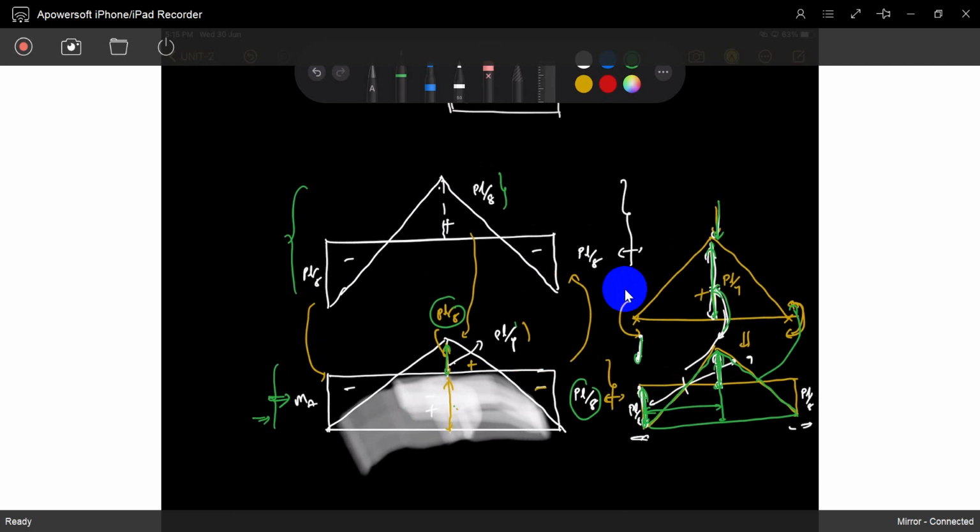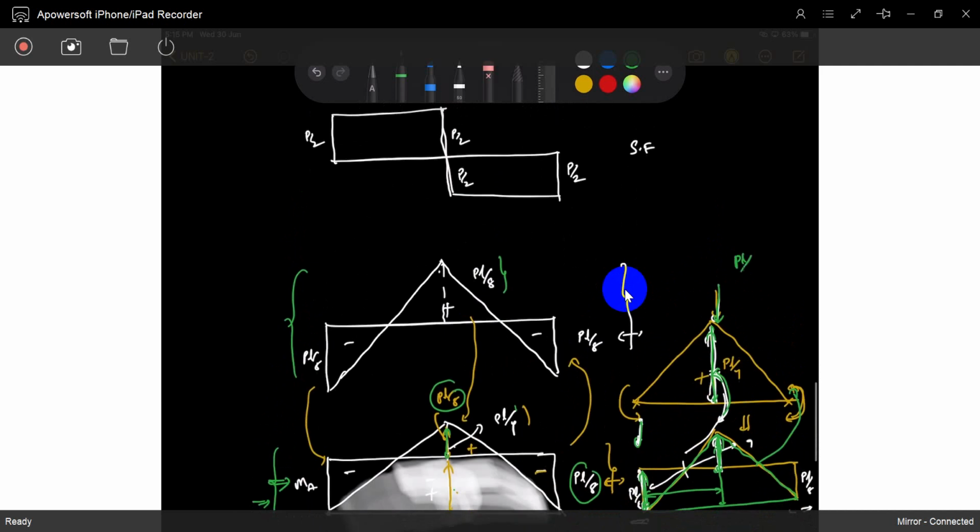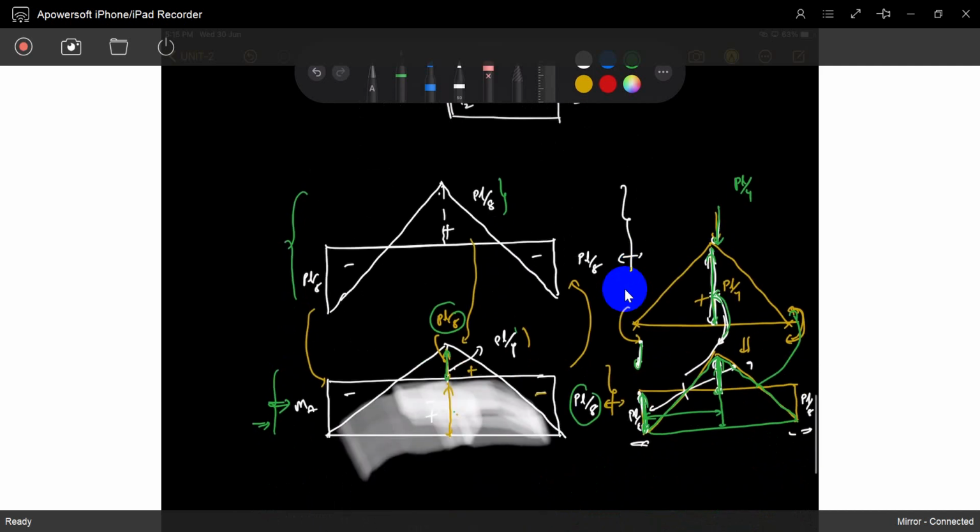Now you observe that the maximum bending moment in fixed end beams is less compared with the simply supported beam. Understood? For a simply supported beam the maximum moment is PL by 4. For fixed end beams, what is the maximum moment?